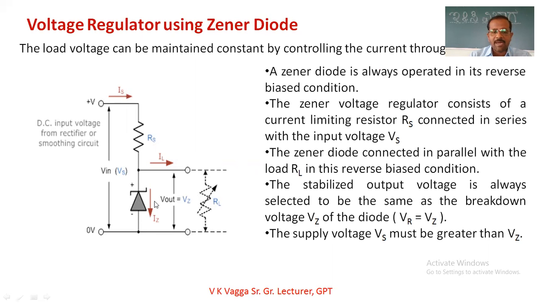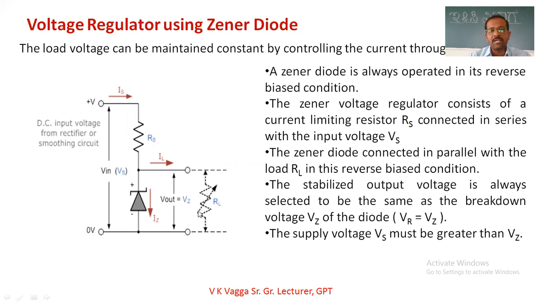It should be exactly parallel to the load. The stabilized output voltage is always selected to be the same as the breakdown voltage Vz of the diode. So its output voltage Vr is always equal to Vz, because it is in parallel.